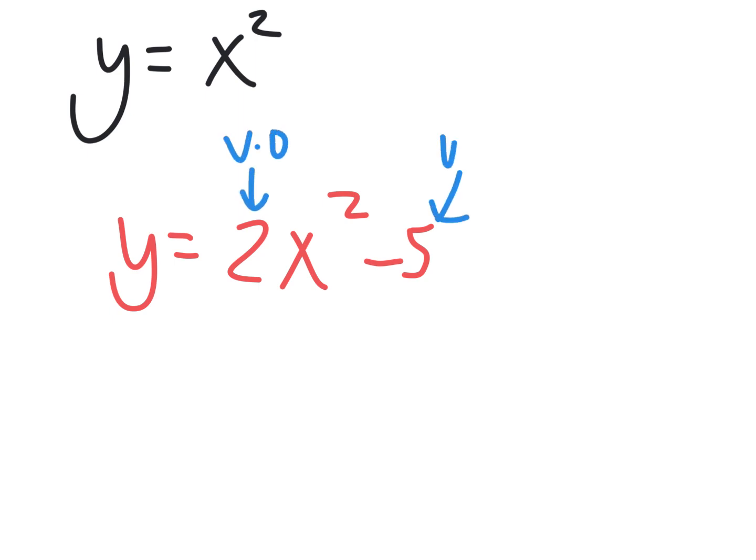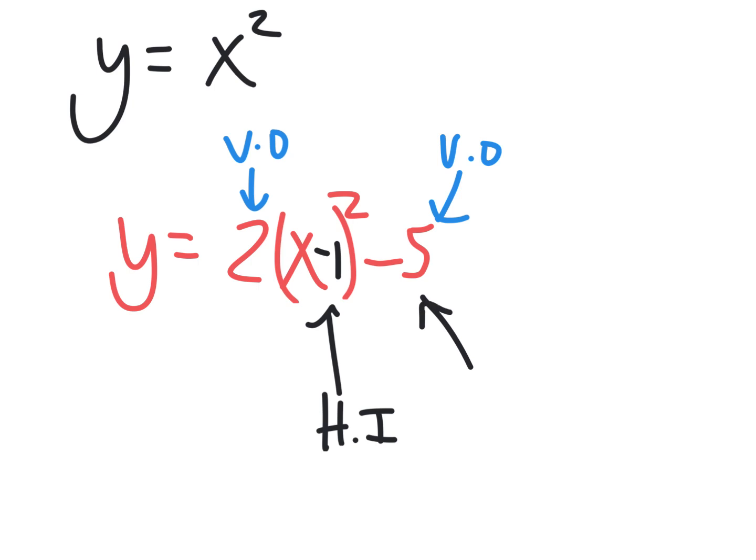Stuff on the inside of the function, like let's say I made an inside here and I had it go like minus 1, stuff on the inside is horizontal. So look for the inside and the outside of your function. If it's on the inside, it's a horizontal thing. If it's on the outside, it's a vertical thing.